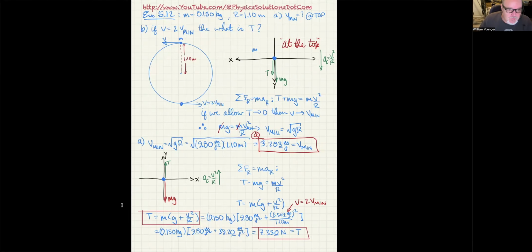So let's turn to example 5.13. It says a small ball of mass m suspended by a cord of length L revolves in a horizontal circle of radius r equals L sine theta, where theta is the angle the string makes with the vertical.